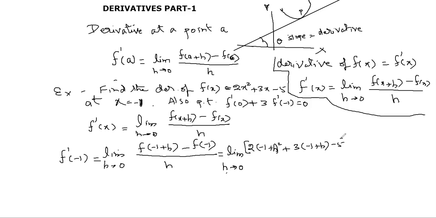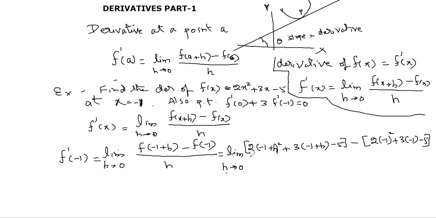This is the value of f(minus 1 plus h). Then minus f(minus 1), that is 2 into minus 1 whole square plus 3 into minus 1 minus 5.